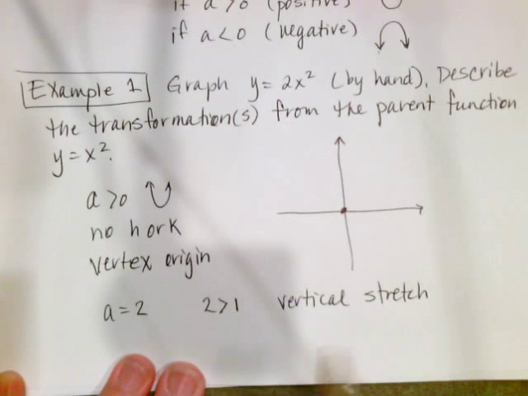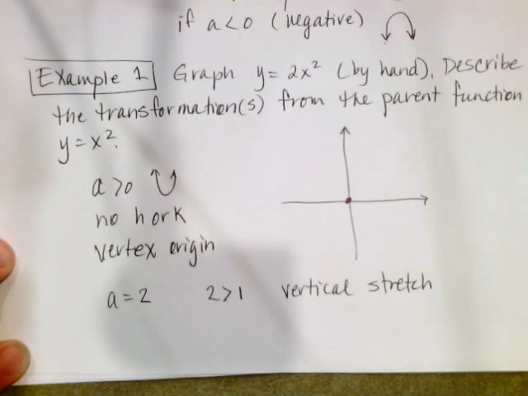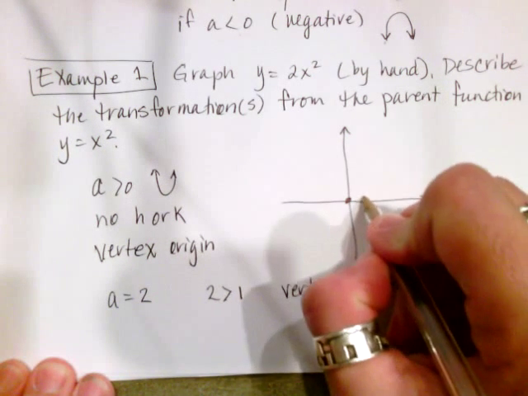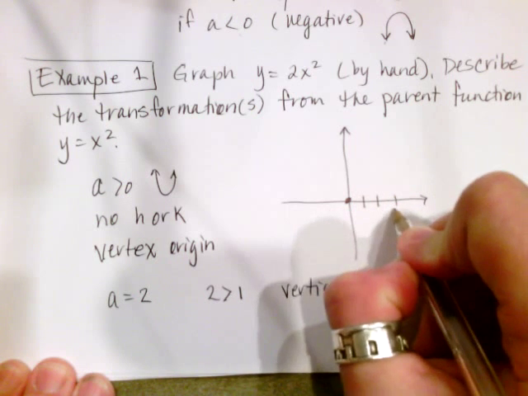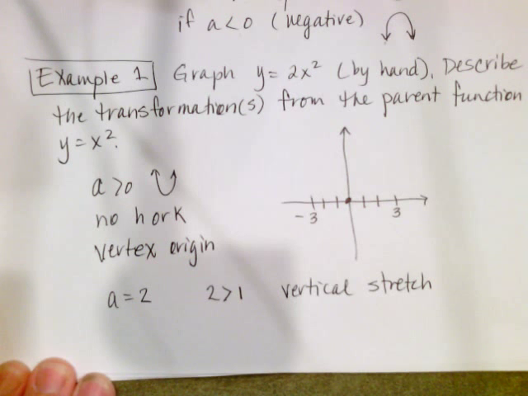So the easiest way to get an accurate graph is to pick a point on either the right or left hand side. So I'm going to add a couple of values. So this would be 3. This is a negative 3. I'm going to pick a value, run it through my original function, and then plot that value.